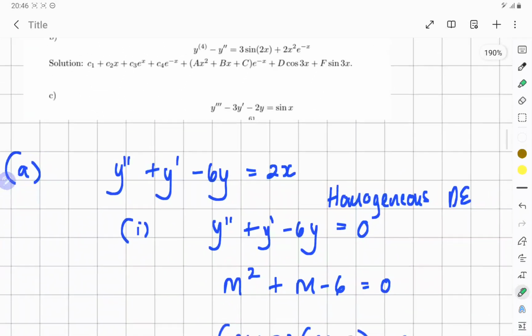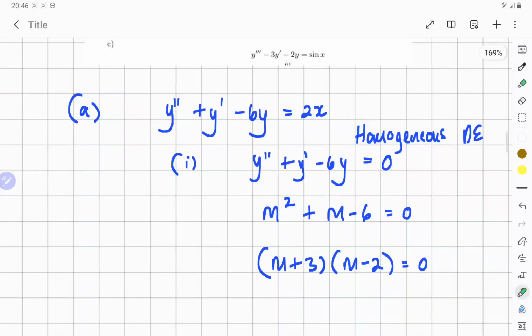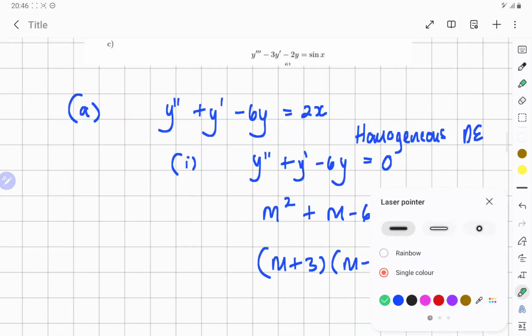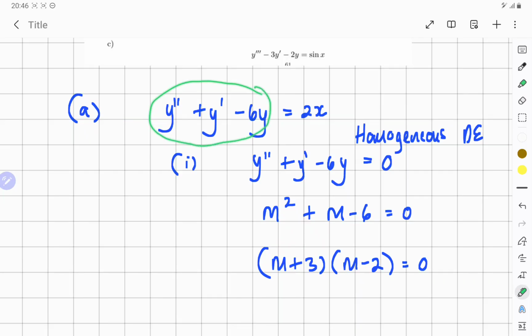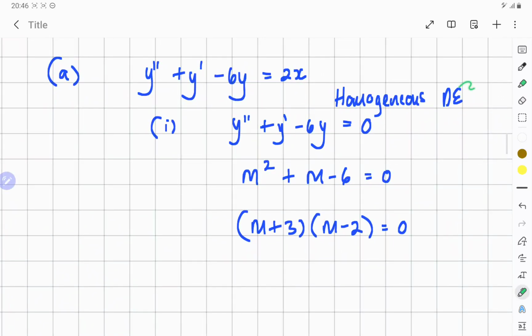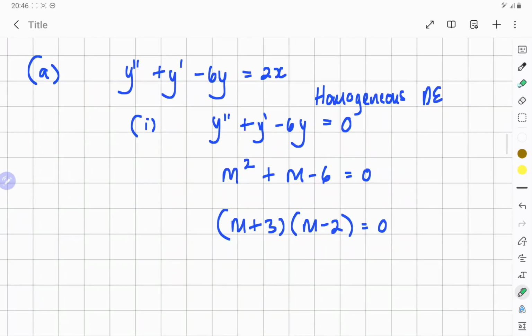Let's look at this first example here. So we have our linear second order differential equation. We see it's non-homogeneous. Now, what did I say just now? You always need to solve your homogeneous first to get your complementary solution. Now we're going to go quickly through this because I did explain everything clearly in our previous examples on homogeneous.